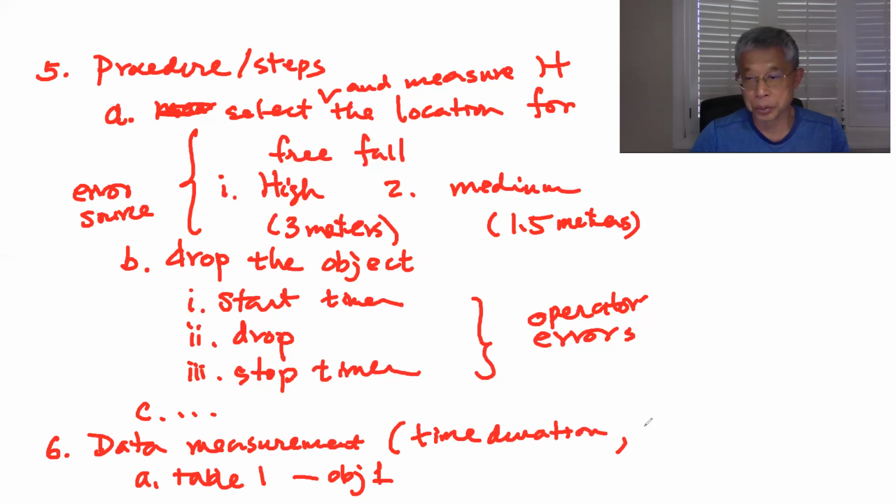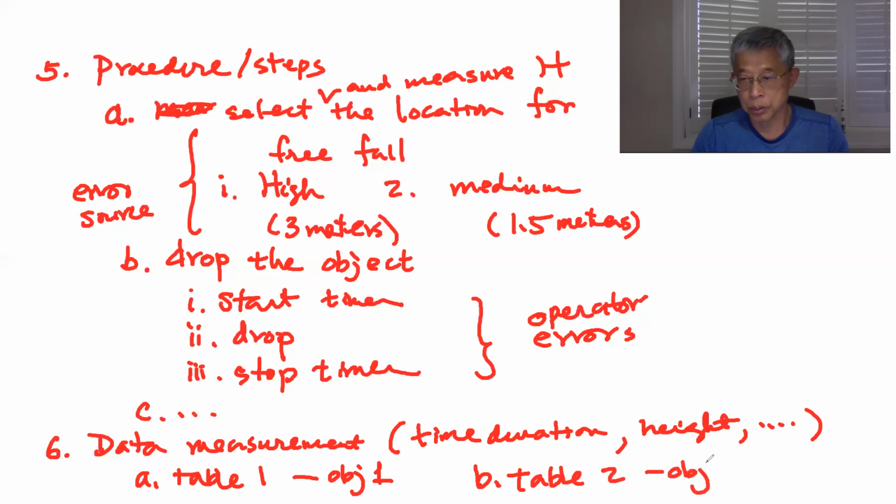And then you measure the height. So those are the data that you measure. And then maybe there's something else. So you decide what you want to measure. So table 1 for object 1, and then table 2 for object 2, and table 3 for object 3, okay? So that's the data measurement.